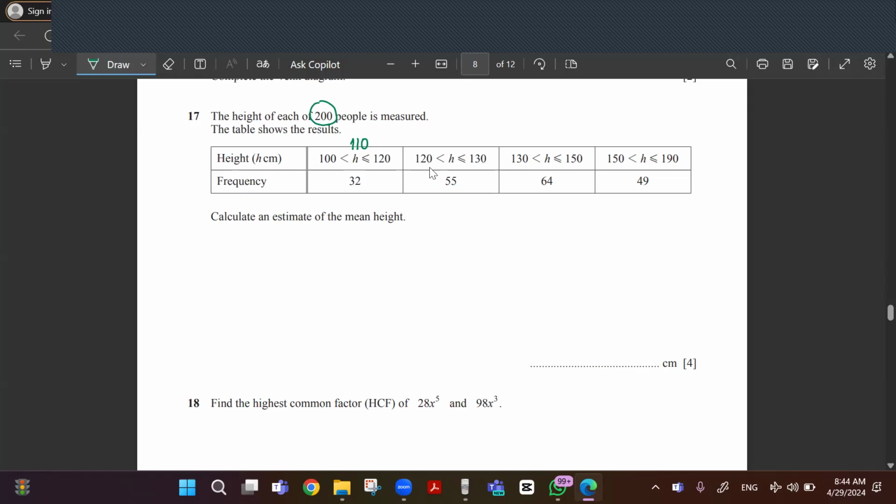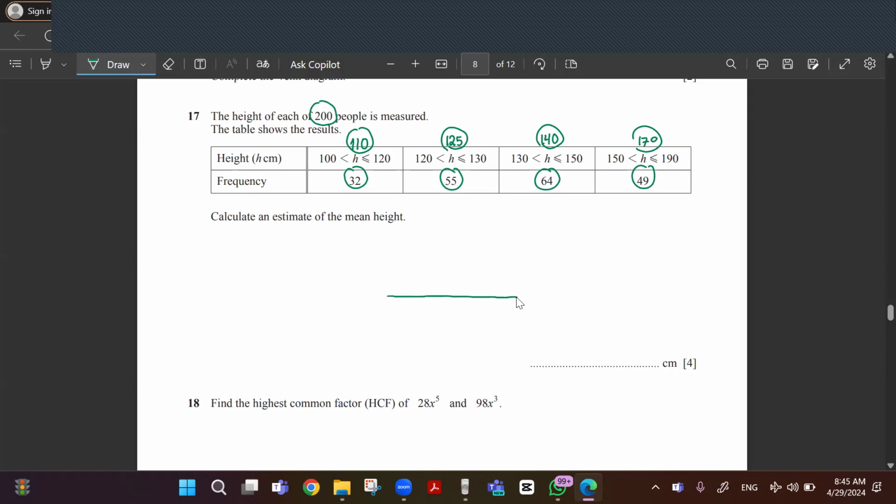Between 120 and 130, 125. Between 130 and 150, 140. From 150 to 190, 170. Then multiply this number by the frequency. Multiply this number by the frequency like this and add all the products and divide by 200.